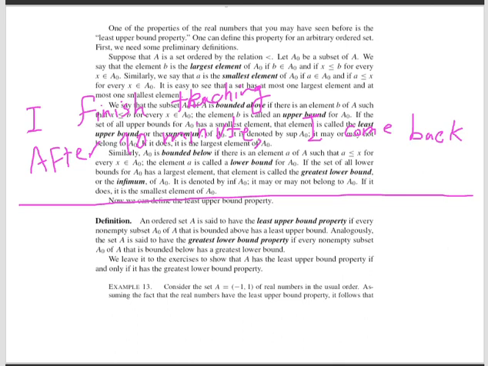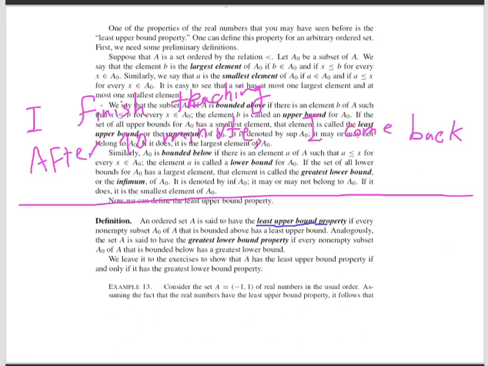An ordered set is said to have the least upper bound property if every non-empty subset A0 of R that is bounded above has a least upper bound.